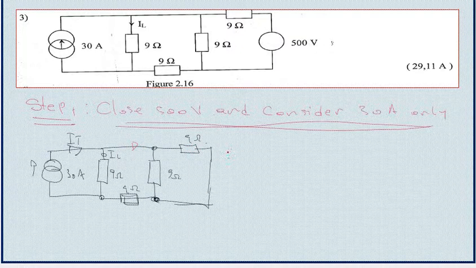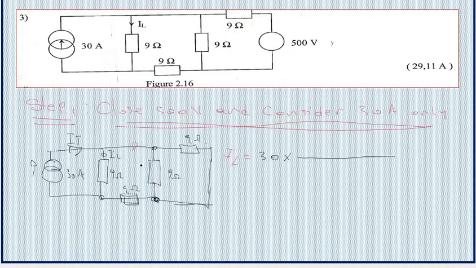So I'm going to say the line current will be equal to the total current, which is 30, multiplied by... Now I need to specify the resistances that are in parallel.